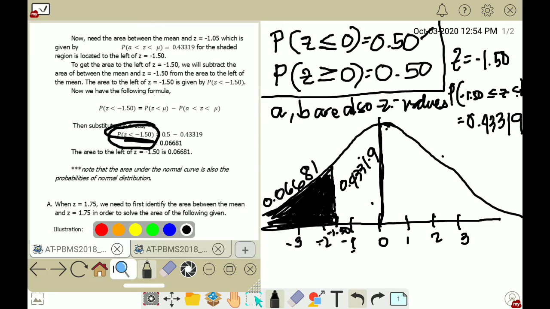Let's check if we got it correct. As you can see, this one is equal to this one. Okay, we're done with this one.